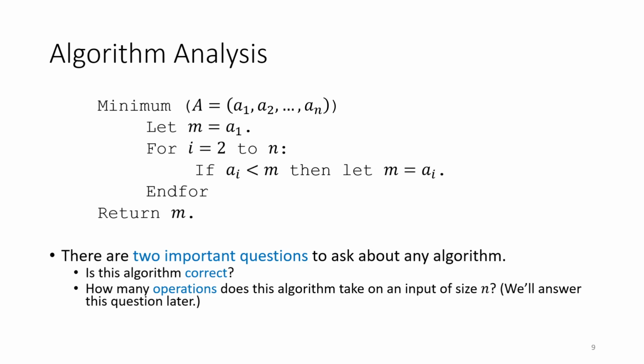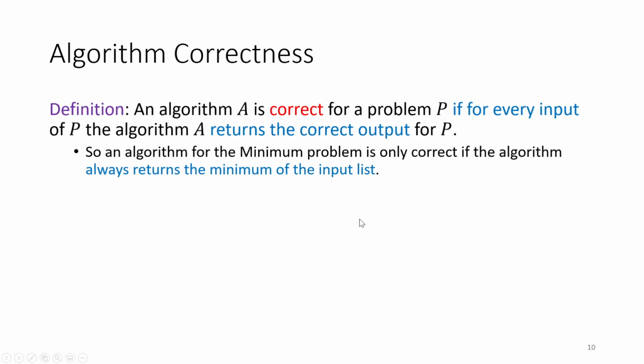I mentioned at the end of the last video that there are two important questions to ask about an algorithm: is it correct, and how efficient is it? We're focusing on the first one right now. Is it correct? So let's continue.